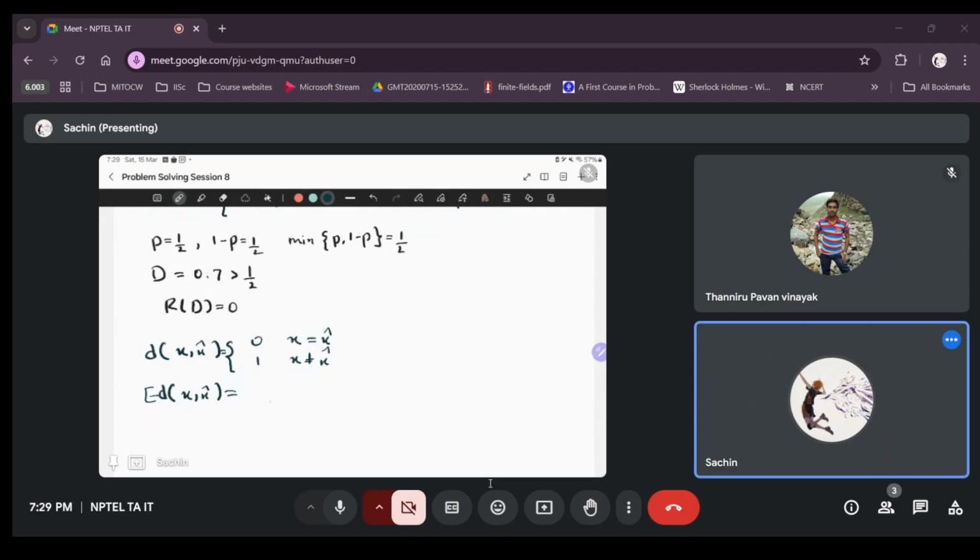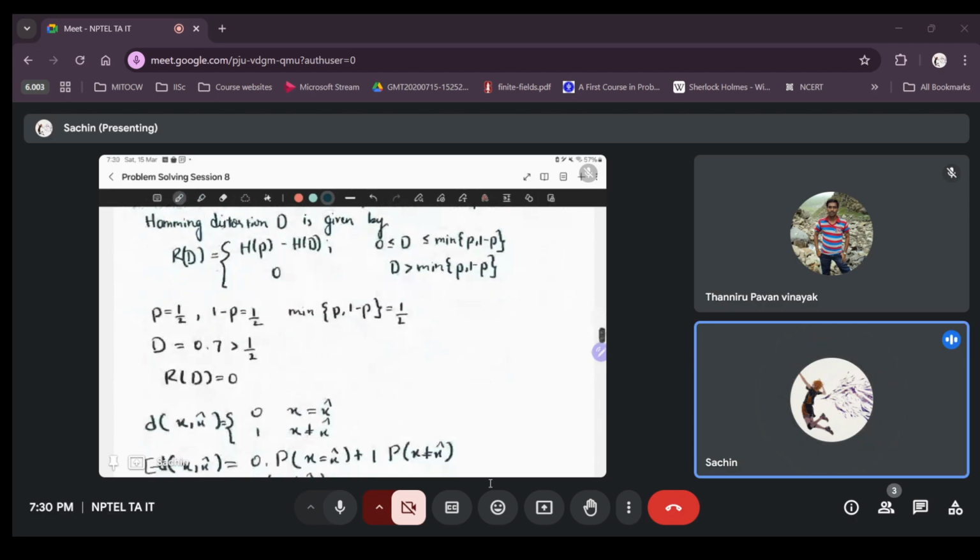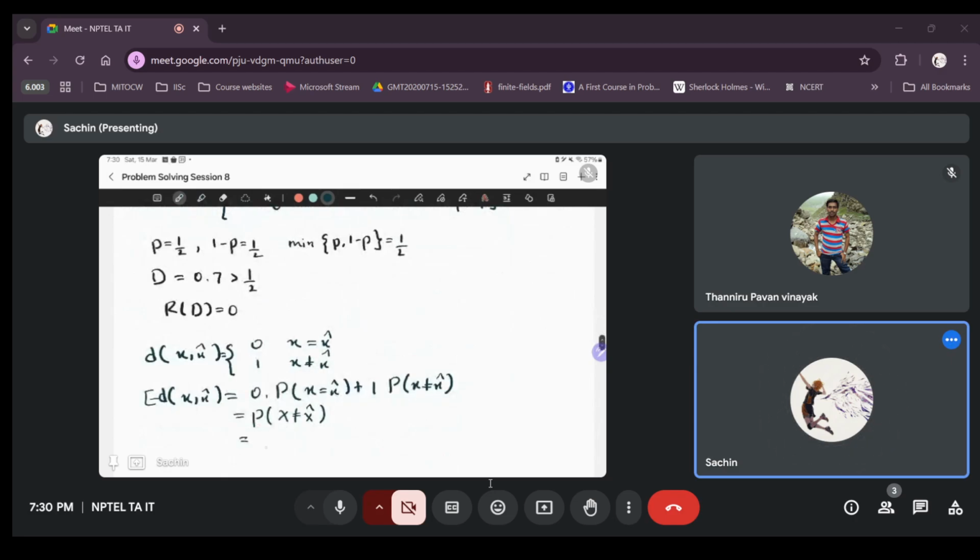What is it? It's 0 with probability x equals x hat plus 1 with probability x not equal to x hat, which is nothing but P of x not equal to x hat. And for the Bernoulli source, P of x not equal to x hat is p.